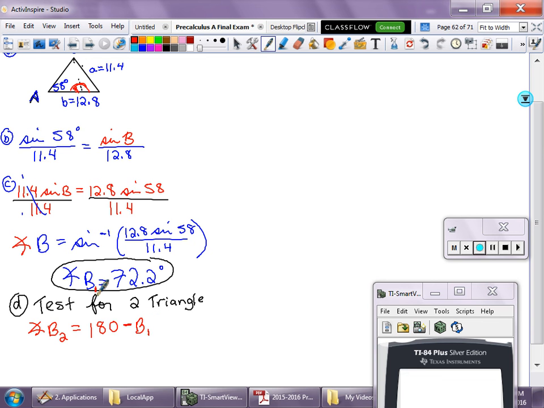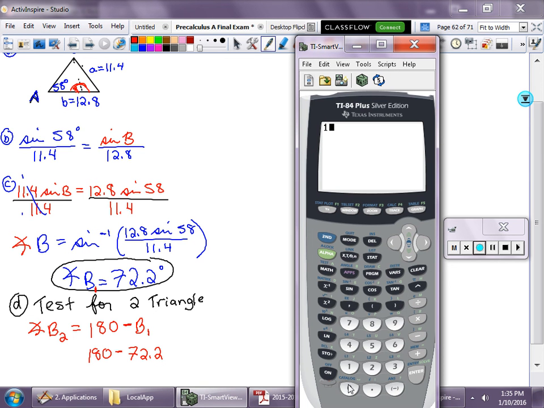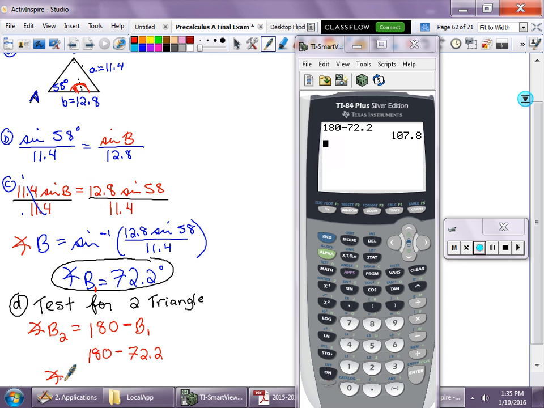And this now is B1, because that's our first angle. We put this in our calculator, which would be 180 minus 72.2, and we get the second possible angle is equal to 107.8 degrees.